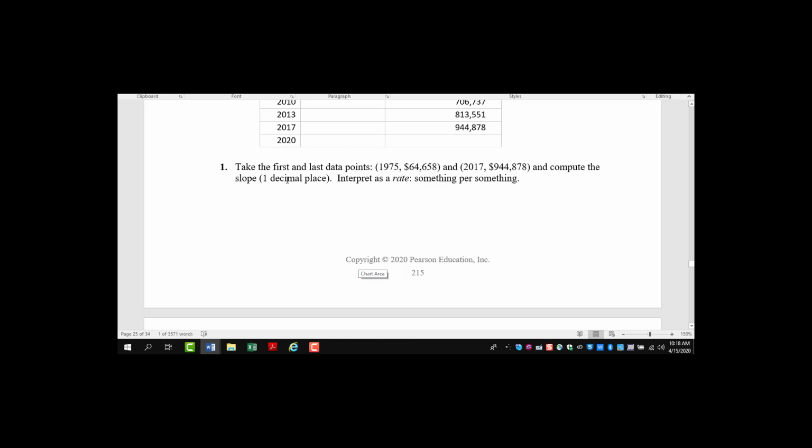Now I'm going to show you this one: we're going to take the first and last data points, but we're still going to use 1975 and 2017, not year 0 and whatever year that would be, 25 plus 17, 42 or something. We're just going to do a simple equation here and then interpret the rate. I'm going to post it up for you here.